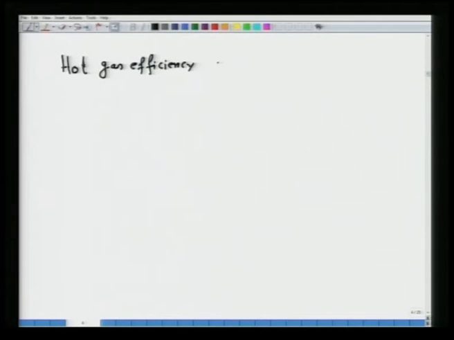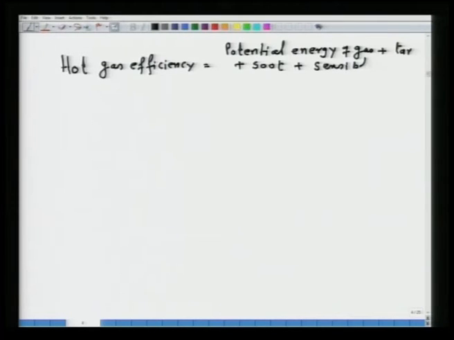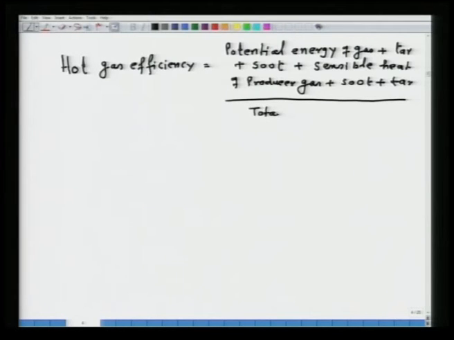Now, the hot gas efficiency will contain potential energy of gas, mind you, potential energy is also called calorific value of gas, plus tar, plus soot, plus sensible heat of producer gas, plus soot, plus tar, and if there are other outputs also there, you divide by the total heat input.